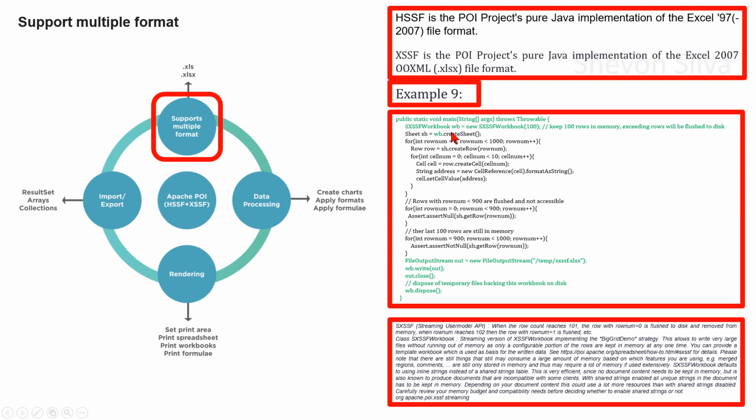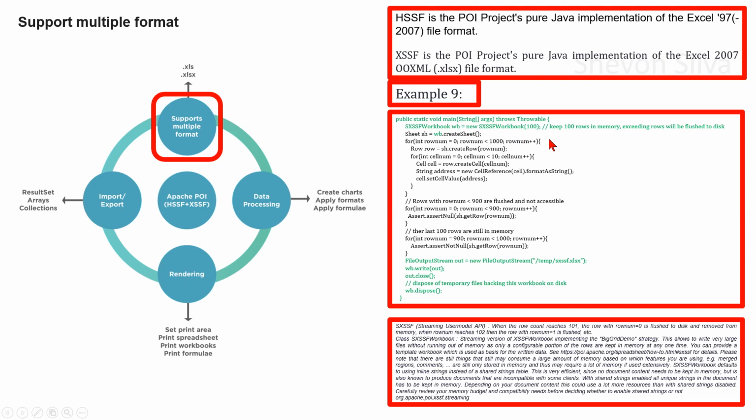You can specify the window size at the workbook construction time via the new SXSSFWorkbook(int windowSize), or you can set it per sheet via SXSSFSheet.setRandomAccessWindowSize(int windowSize).